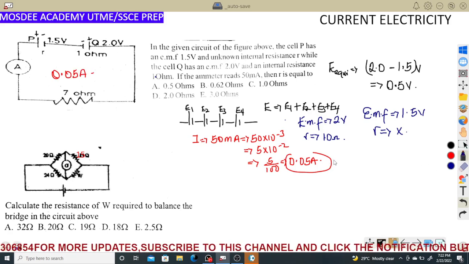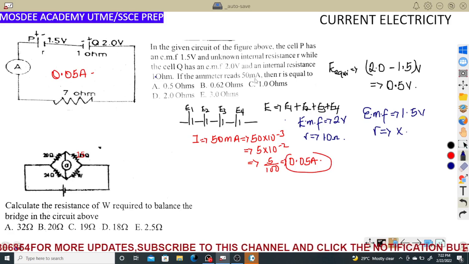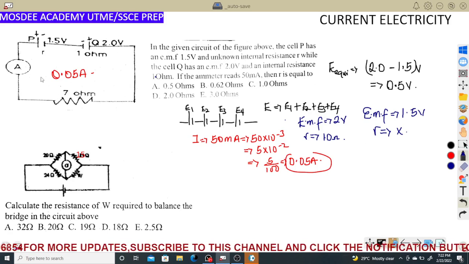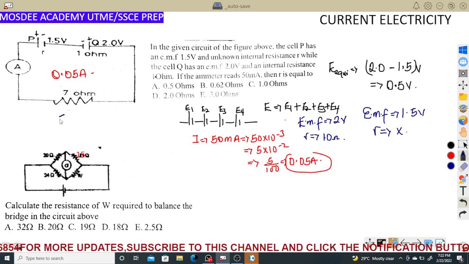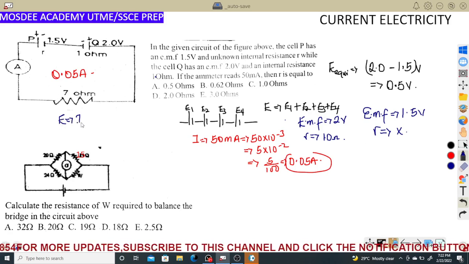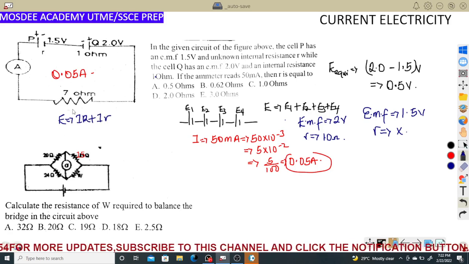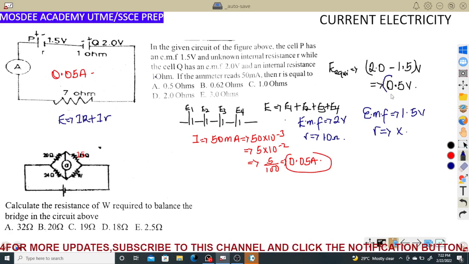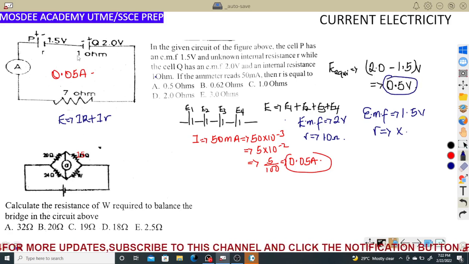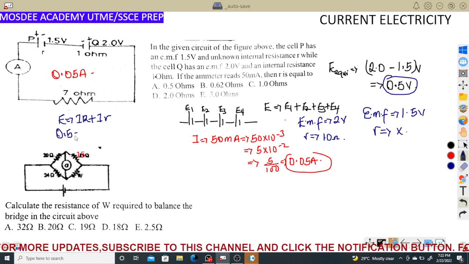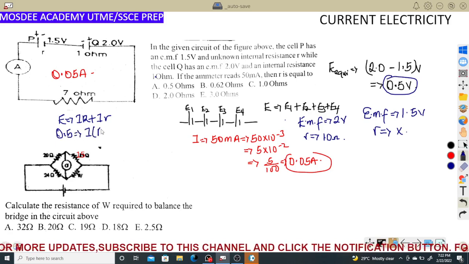So now, let's quickly do it. Time is not on my side, I'm sorry. If this is the total current, then the value of x is equal to what? We have talked about when a cell is connected, the total EMF is always equal to IR plus Ir. Let me factorize I into brackets: R plus r.